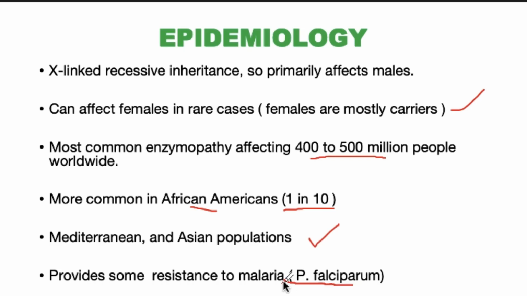G6PD deficiency provides some kind of resistance to malaria caused by Plasmodium falciparum. How does G6PD deficiency offer some kind of resistance to malaria?